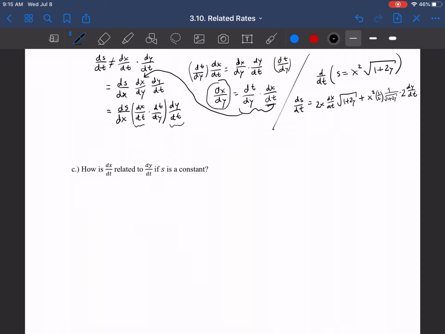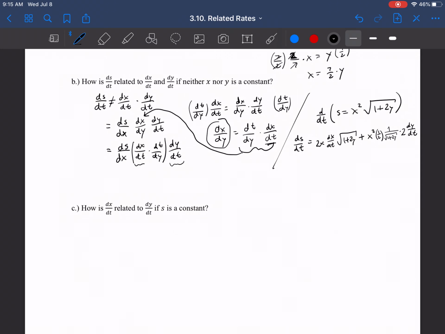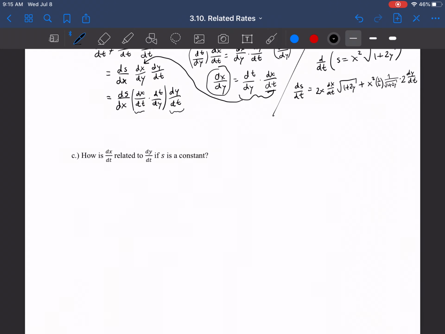Then come take a look back at the notes to see what the actual answer is. So there's our ultimate relationship. Try finishing this problem, do part C, and then come back and see if you got the right answer.